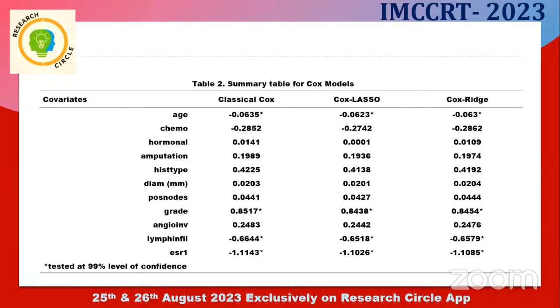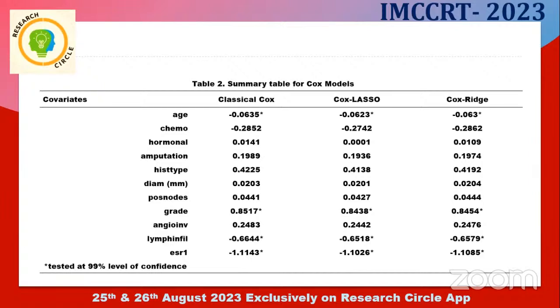Okay, so for age and for lymphocytic infiltration, as well as for the ESR1 values, we can see that the coefficients associated with these variables are all negative. So this suggests that these variables have a quote-unquote protective effect. Which means that these variables can affect the survival of our patients in a good way, or in other words, they can increase the survival, therefore reducing the hazard inflicted by the breast cancer.